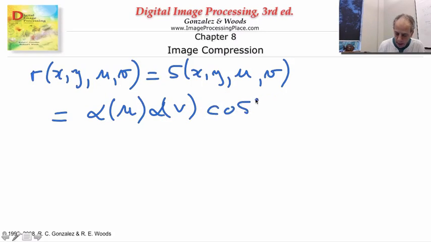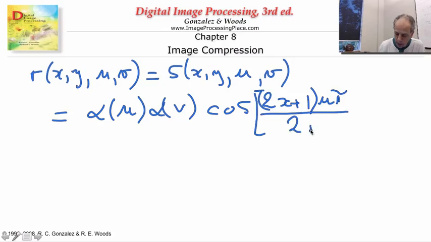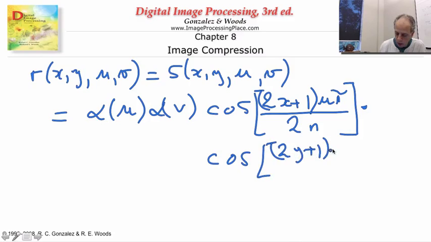Times the cosine of the following: 2 times x plus 1, u pi, over 2 times n, this is the size, times cosine, exactly the same but for the other coordinate, 2y plus 1, v pi over 2n.